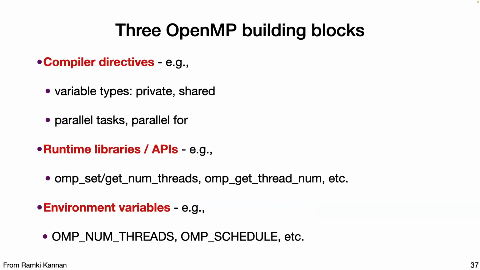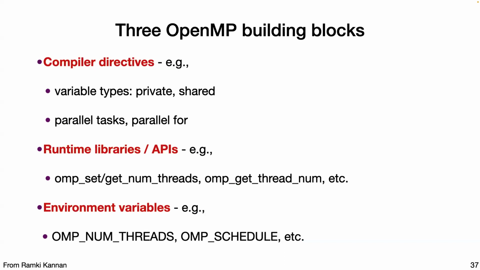There are 3 main things that you can insert into your code or use separately to use OpenMP. The first one is compiler directives, which you insert into your code. Those specify the variable scope, so whether your variables are private or shared across the threads, and parallel tasks and parallel for, which you just insert right next to your loop. Then there are runtime libraries and APIs, like OpenMP set and get threads, and get thread number.